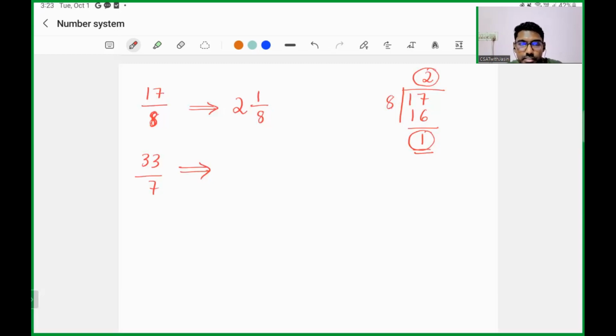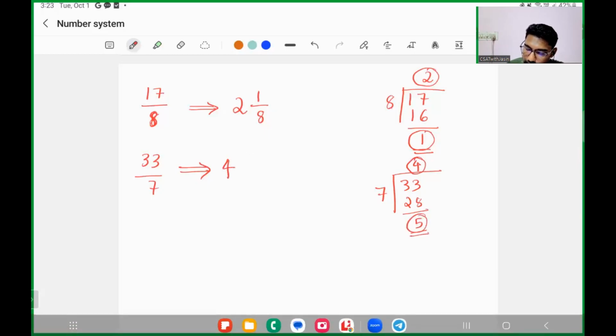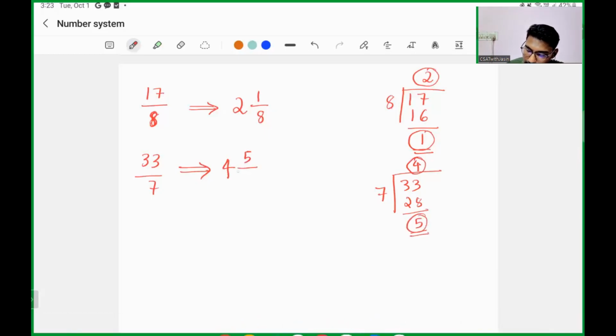So just do the division, right? 33 divided by 7. 7 into 4 is 28. Then you will get remainder as 33 minus 28, which is 5. So first you take the quotient, you write here. Then you take the remainder, you write it here. Then divided by the divisor, which is 7. So 4 5 by 7 will be the answer.